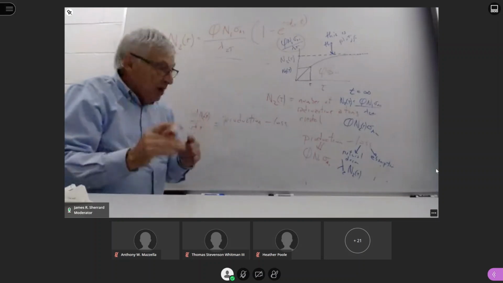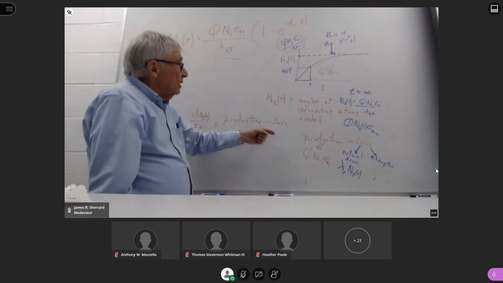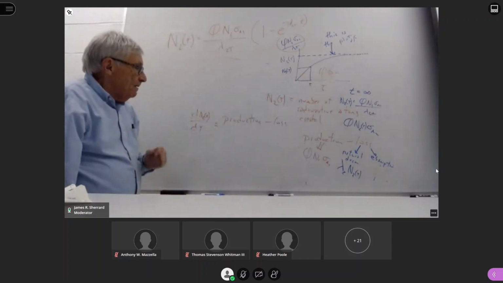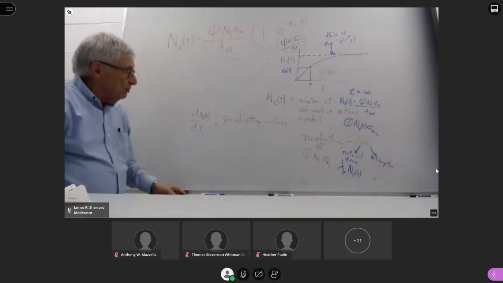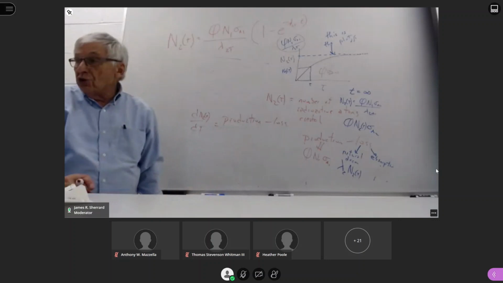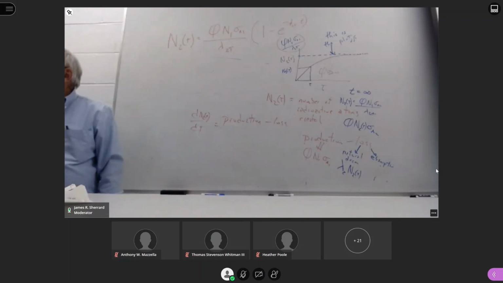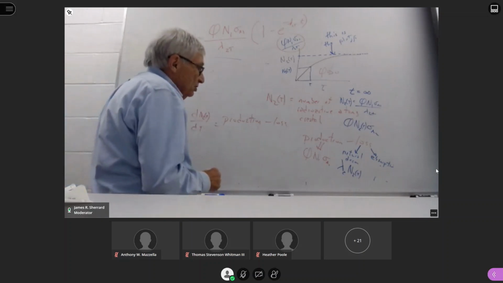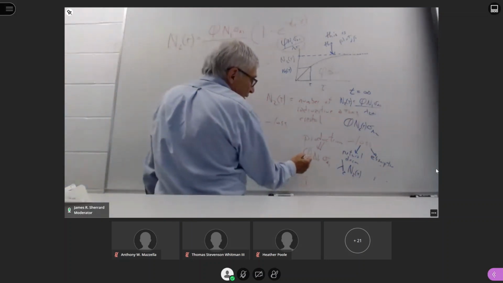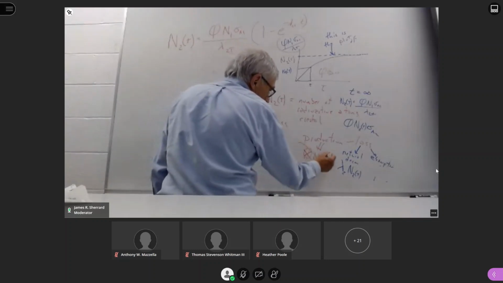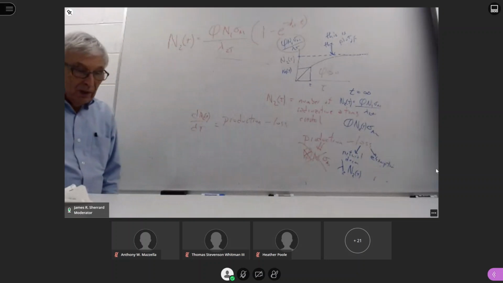We can always write that as production minus loss. If we have just lost our flux, how is this going to impact this? What is our production when the flux goes to zero? Exactly right. It is zero. It is zero because the production here is flux times N1 times this. So if this goes to zero, this whole thing goes to zero.